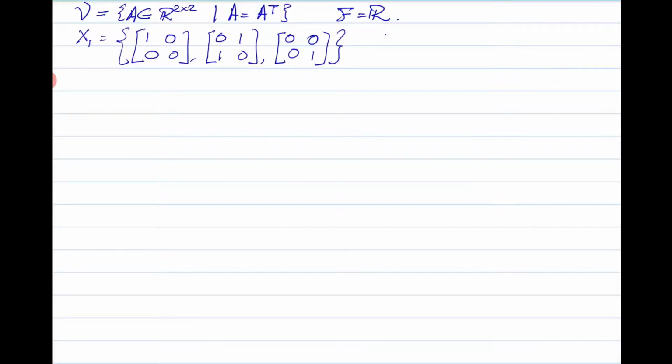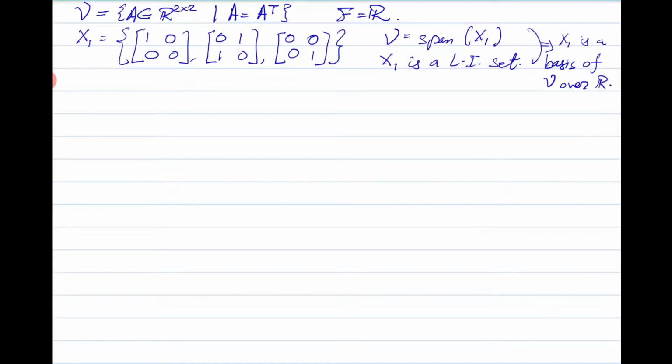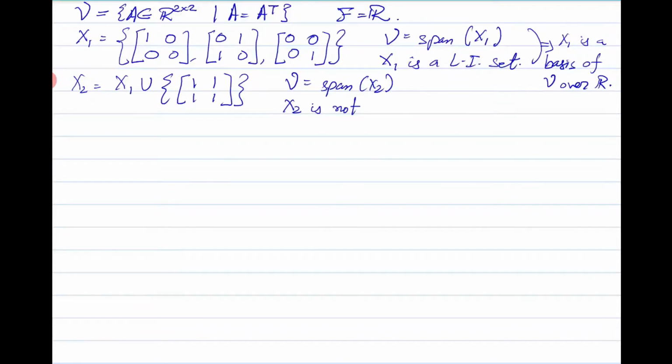Let's say that we have this set of vectors. So here you can show that V is spanned by the set x1, and in addition to this, x1 is a linearly independent set, and these together imply x1 is a basis of V over R. Similarly, if you consider another set, which is x1 union another vector, here also V is a span of x2, but x2 is a linearly dependent set, or it is not a linearly independent set.